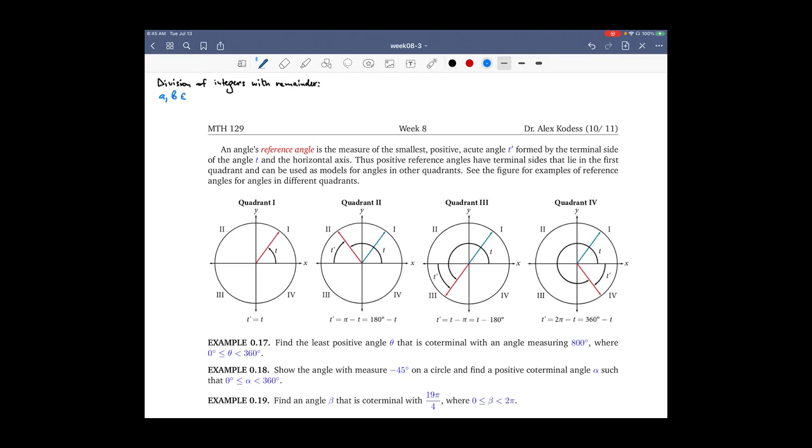B is the divisor, the one by which we divide, so B has to be non-zero. For any such A and B, there exist unique integers Q quotient and R remainder.